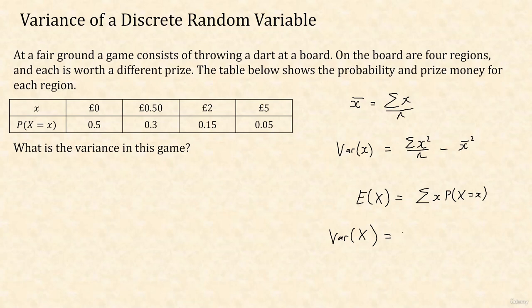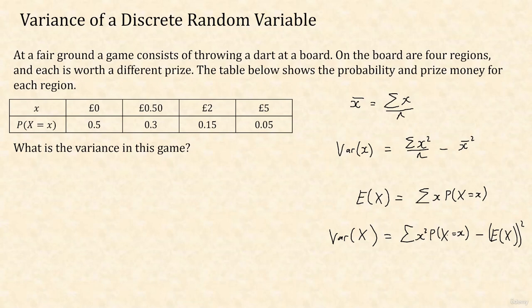So what would the expected square be? Well, it would be if I was to add up each of the squares multiplied by their probability. That's the expected square. And then instead of subtracting the mean, I subtract the expectation of x, all squared.